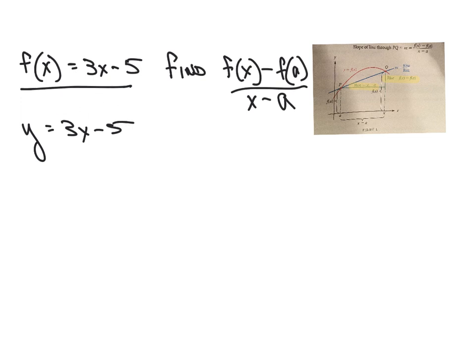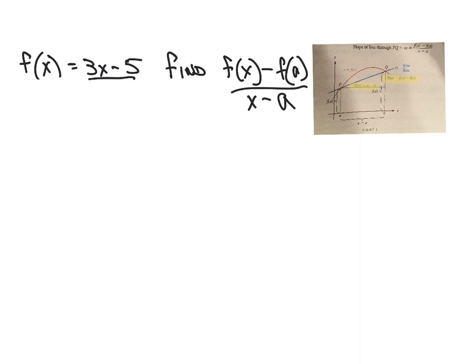Okay, so let's go ahead and get started. So what I do when I figure these out is I find out what f of x is, I find out what f of a is, and then I put them in here and just do the math. So I'm going to find out what the f of x is, and they gave that to us right here.